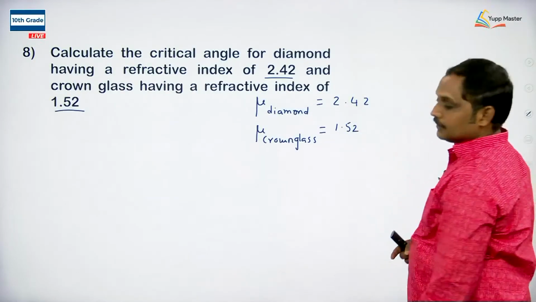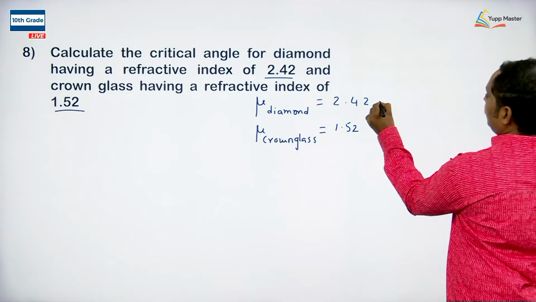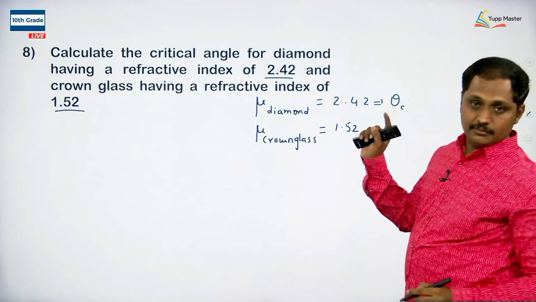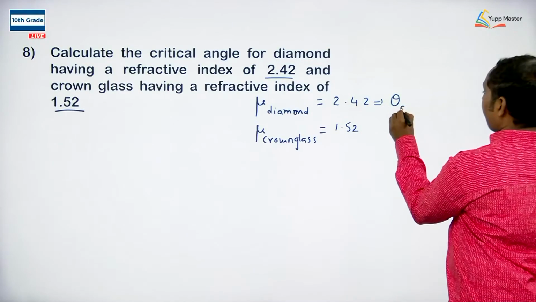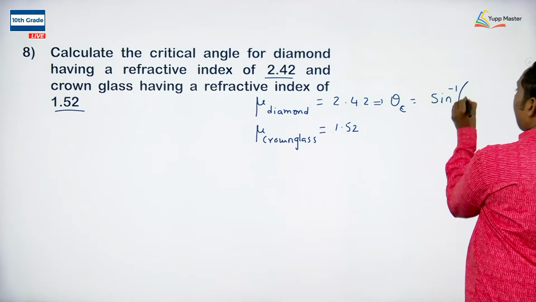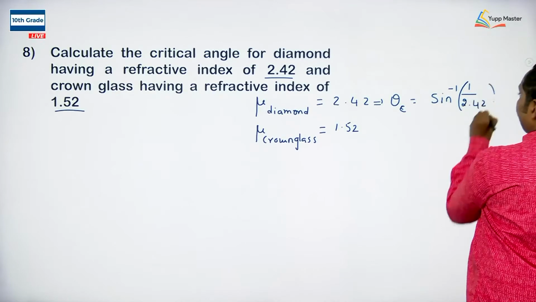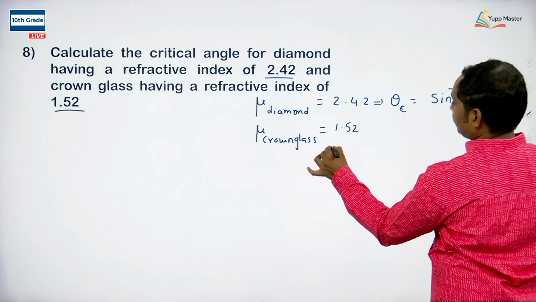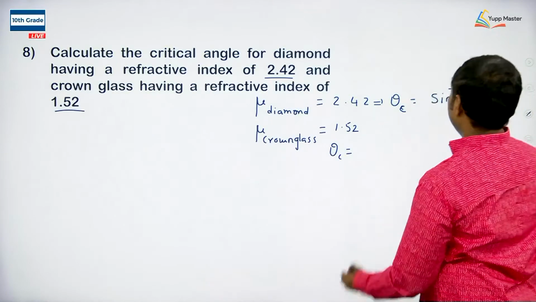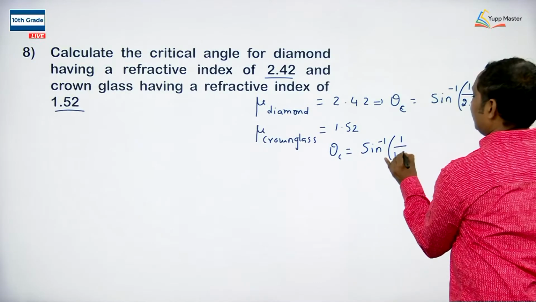From the previous case, theta c, let us assume critical angle theta c, is equal to sine inverse 1 by 2.42. Here also theta c is equal to critical angle sine inverse 1 by 1.52.